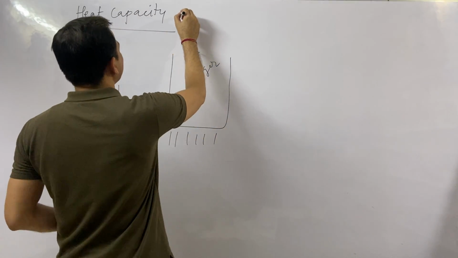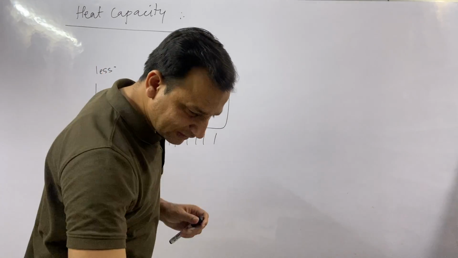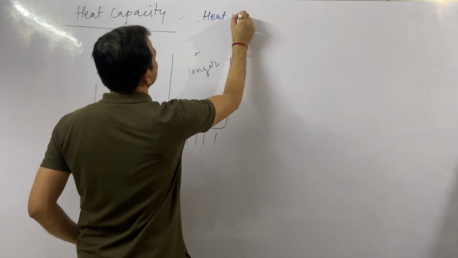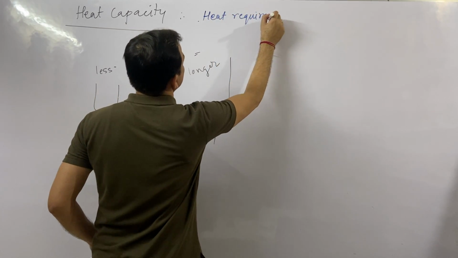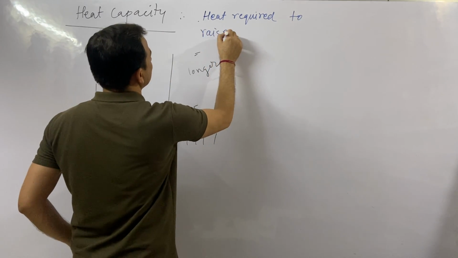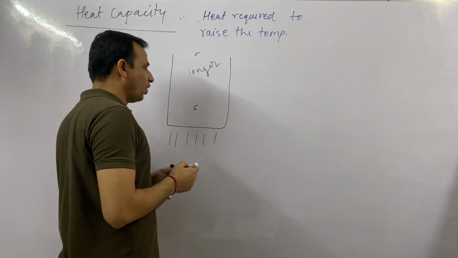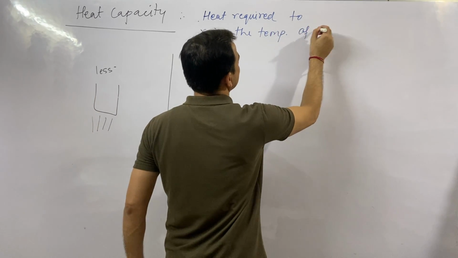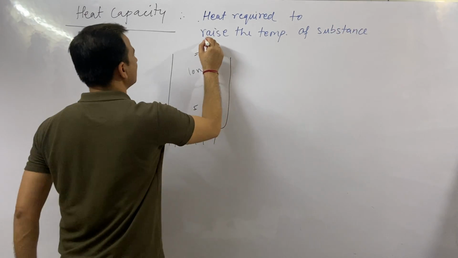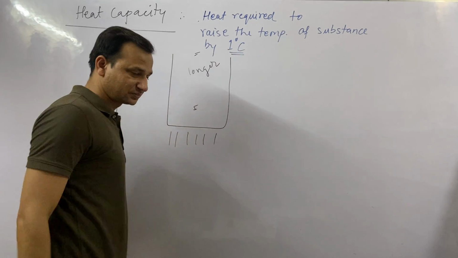So how do you define thermal capacity? Thermal capacity is defined as the heat required to raise the temperature of a substance by 1 degree Celsius.